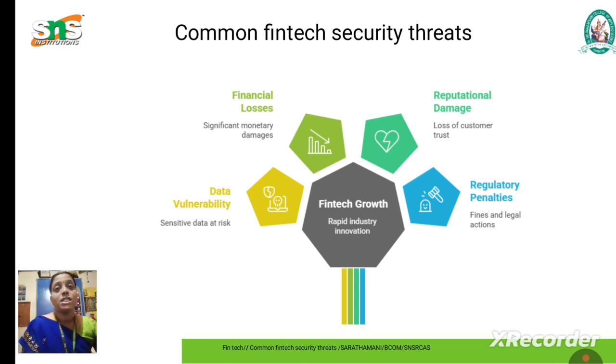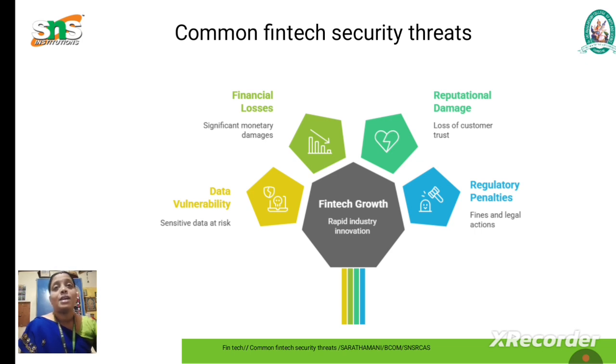The next one is mobile security risks. Mobile devices are increasingly used for financial transactions and accessing sensitive data. They can be vulnerable to security threats such as malware, phishing attacks, and insecure Wi-Fi networks. The impact of the risk can lead to data breaches, unauthorized access to accounts, and financial fraud.